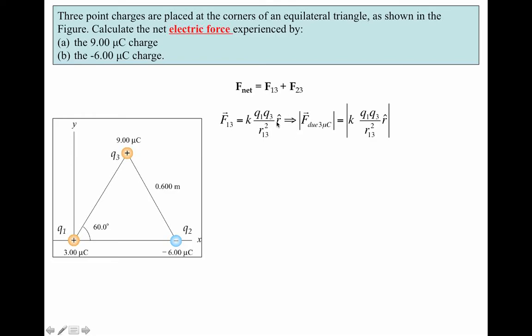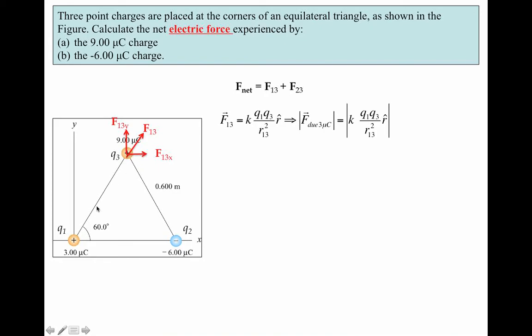In this case it's 2-dimensional, so we get the cosine for the x component and sine for the y component. The magnitude of the r hat vector, be it i hat or j hat, is always 1, as we have discussed before.